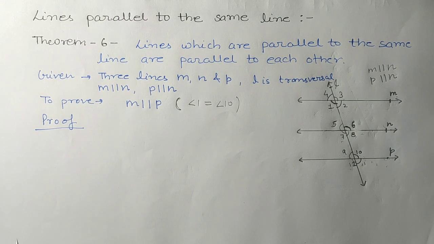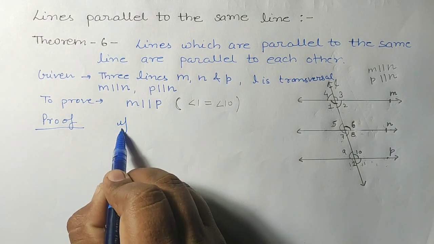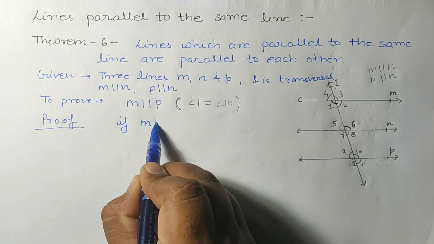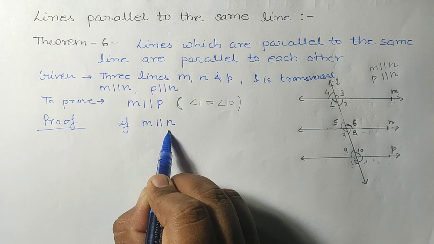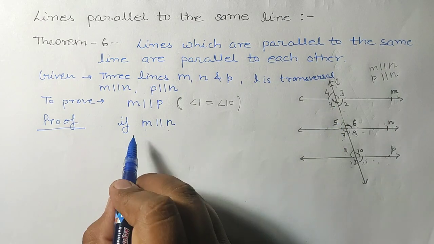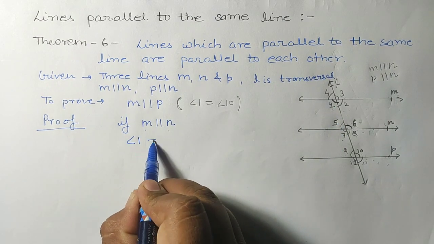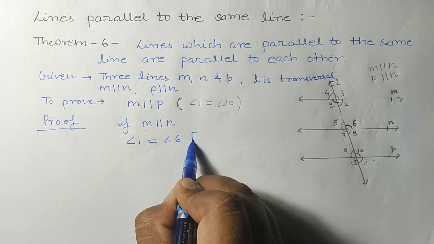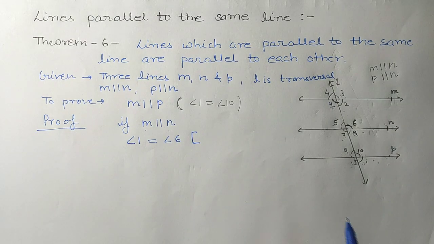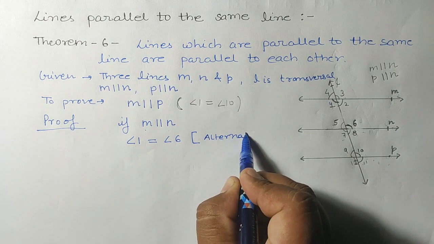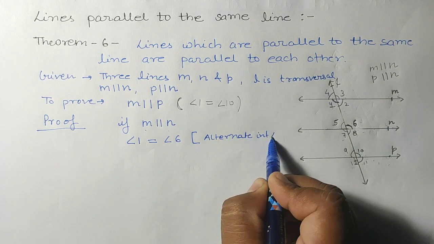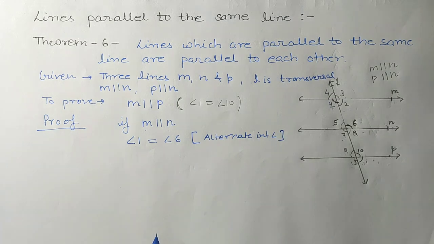Let us see. See students, if M is parallel to N, and it is given also that M is parallel to N, then we can say that angle 1 is equal to angle 6. What is the reason behind it? The reason is alternate interior angles.